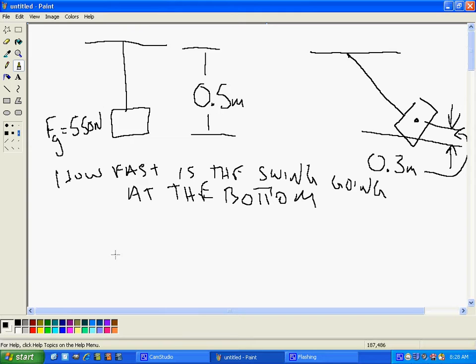So, in order to figure this out, we have to compare energies here. We have to say, alright, the initial energy is equal to the final energy. So, this is the original position, and this is the final position.